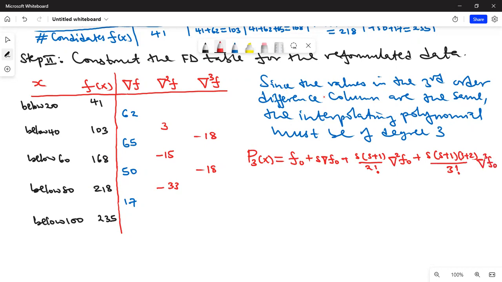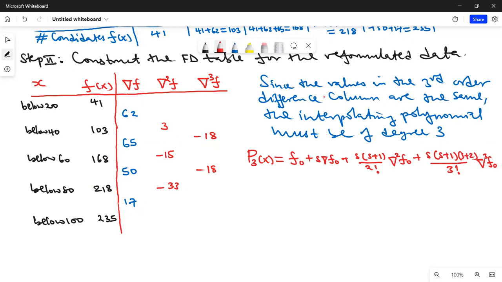So that's the polynomial we are going to use to be able to answer those questions. That is our Newton backward difference interpolating polynomial of degree 3. So I hope you've taken note of that.